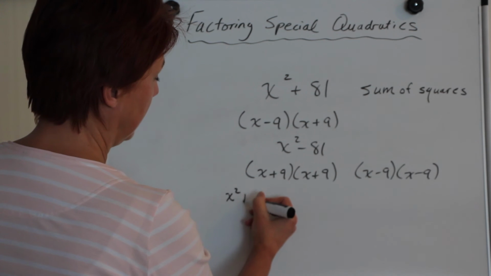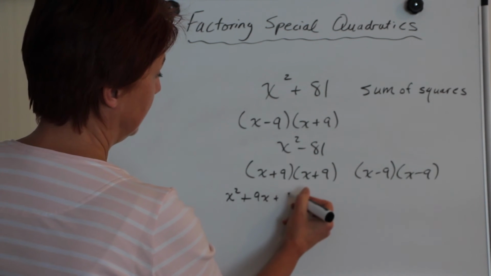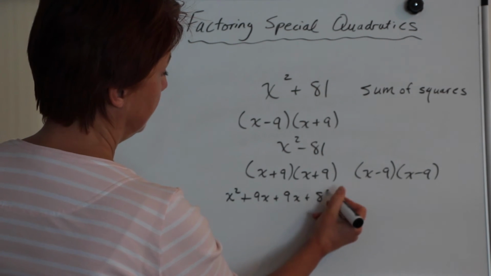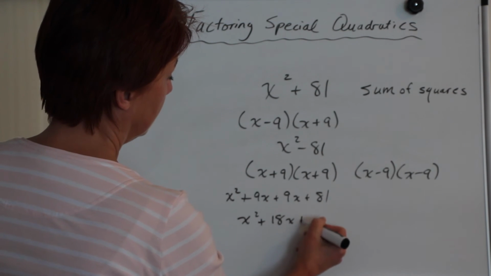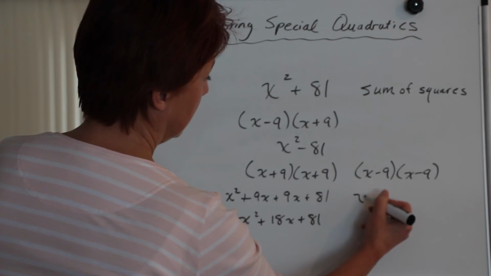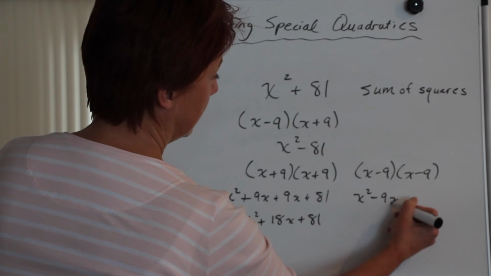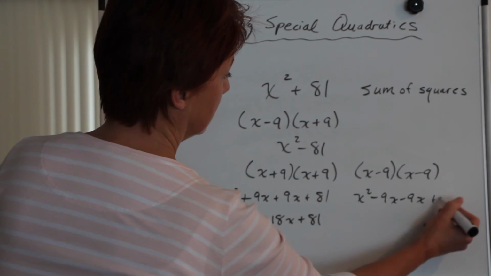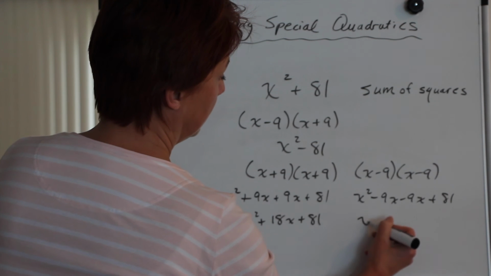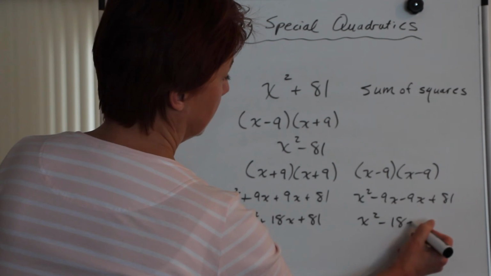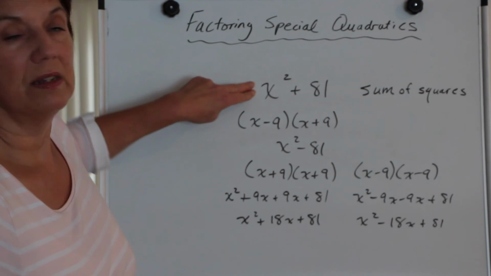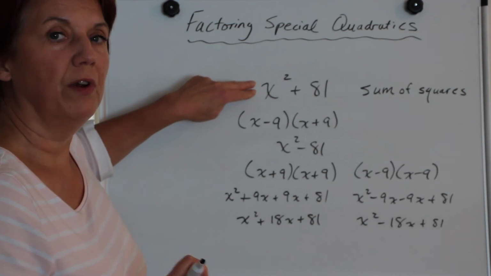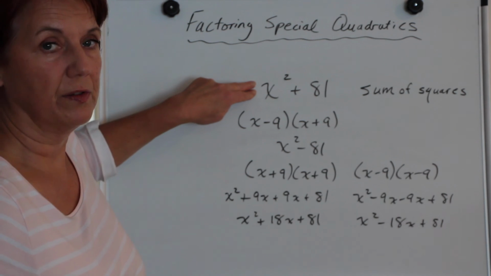We're going to get x squared plus 9x plus 9x plus 81, which then becomes this. And here we're going to get x squared minus 9x minus 9x plus 81, which becomes that. So this isn't going to work. This does not factor. Okay, so don't try to factor sum of squares.